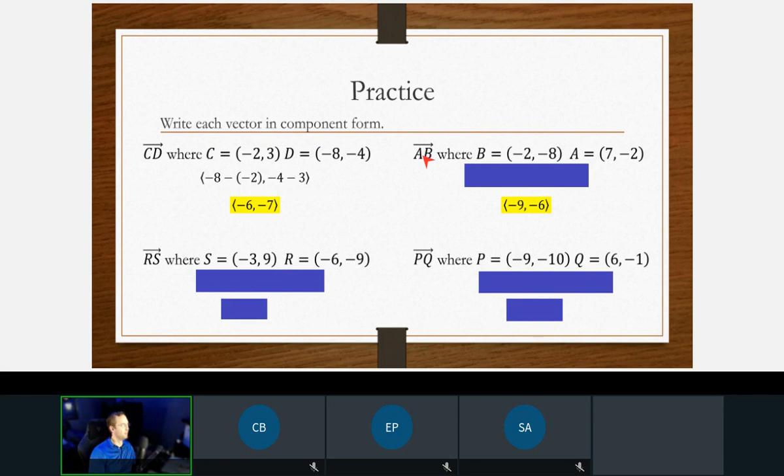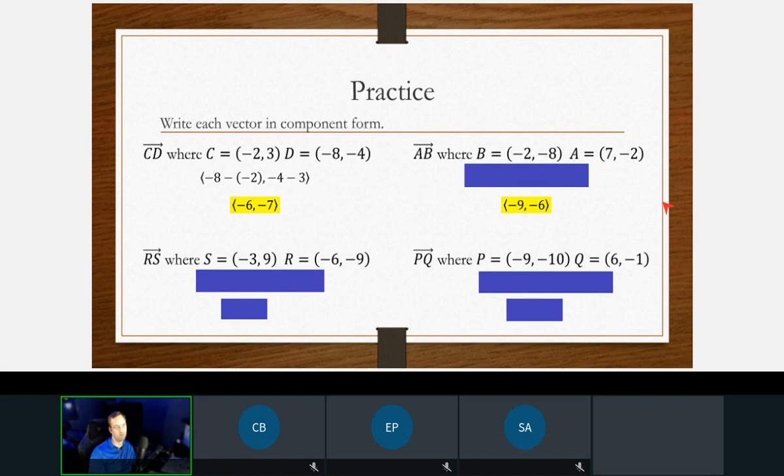All right, let's take a look. So vector AB, A is the initial point, B is the terminal point. So the formula says terminal point minus initial point. So terminal would be the B. So I'm pretty sure we would have -2 minus 7.